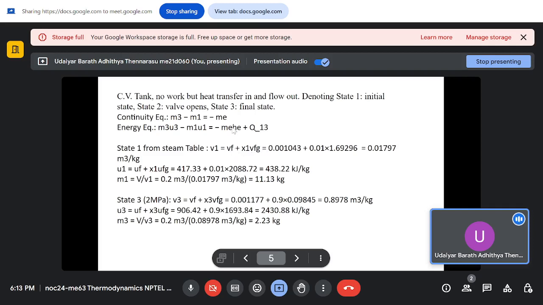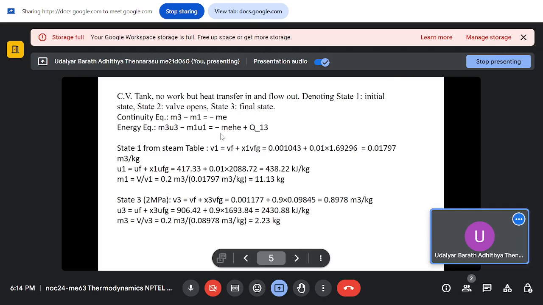Using that we can find the total specific volume of the fluid in the tank. So v1 equals vf plus x times vfg. So x at state 1 is 1%, so 0.01. Substituting, we get that the specific volume at state 1 is 0.01797 meter cube per kg.